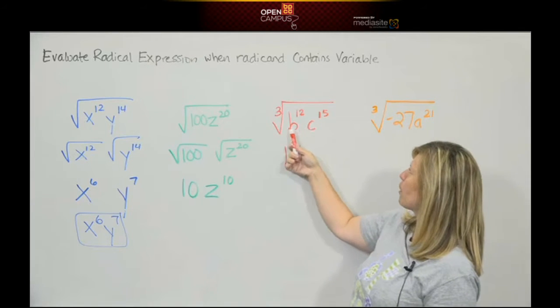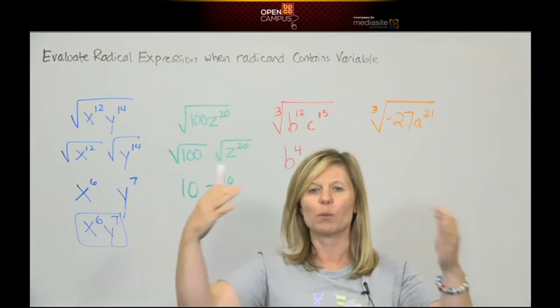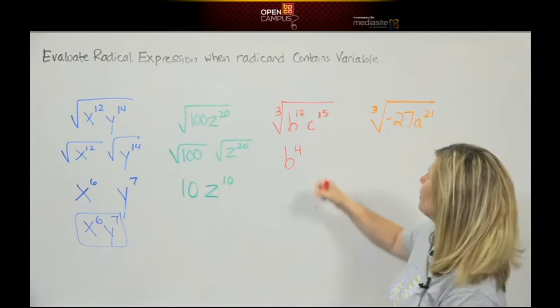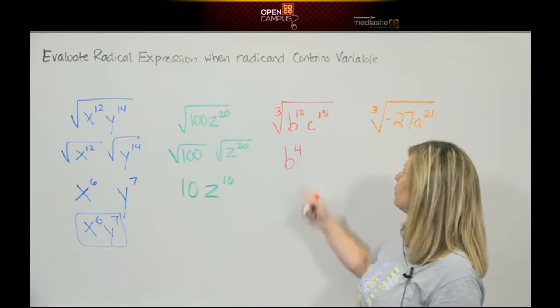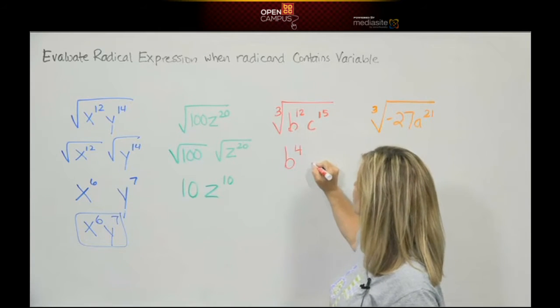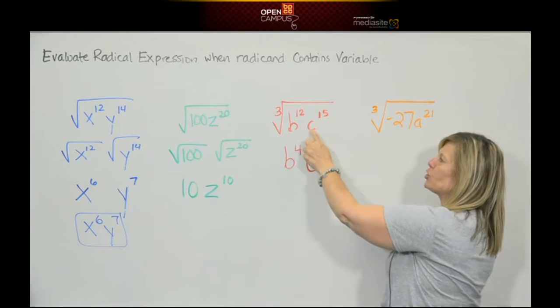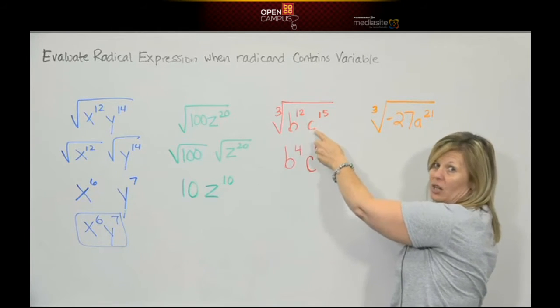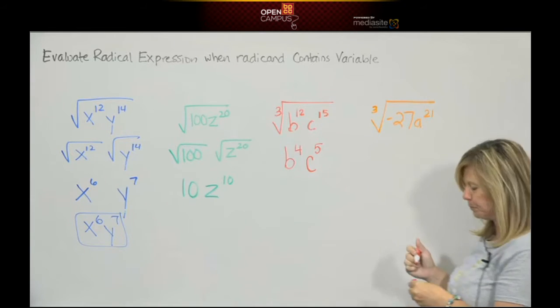If these terms are perfect cubes, you can cube root them. Cube rooting means making groups of 3. How many groups of 3 can you get out of 15? Well, that would be 15 divided by 3, which is 5. So we'd write this as c to the 5th. Because both these terms are connected by multiplication, when I cube root them, our answers are connected by multiplication.